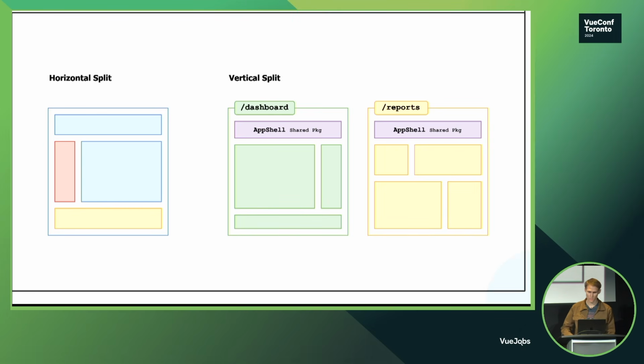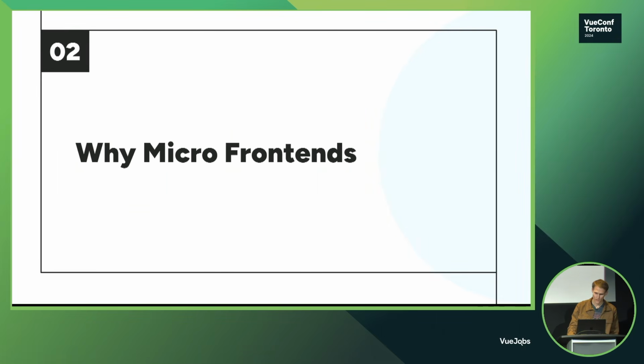With a vertically split approach, everything within, in this example, our /dashboard URL would be a single application. And if I navigate to reports, I'm navigating to an entirely separate application. The idea behind these examples is to show that there are lots of ways to split apart an application, lots of ways to do micro-frontends.